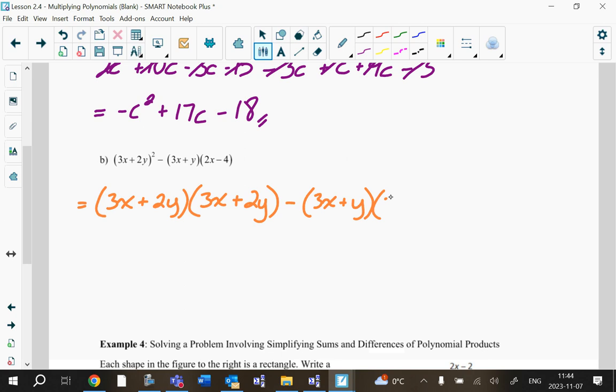So we've got to write that out. Now we do our pairs of multiplications, and remember, we keep our answers in parentheses.